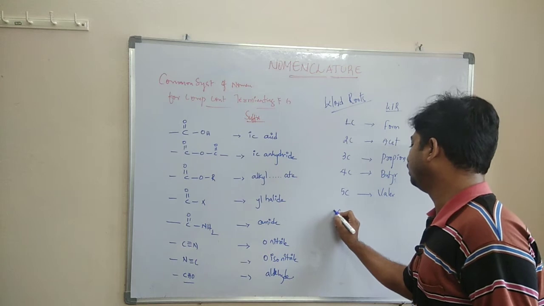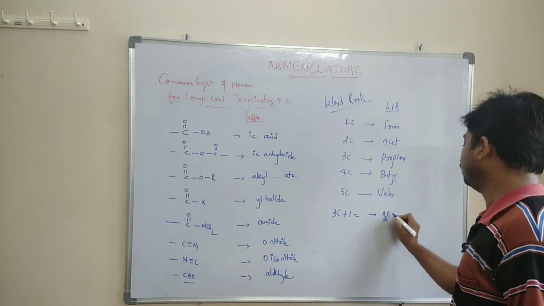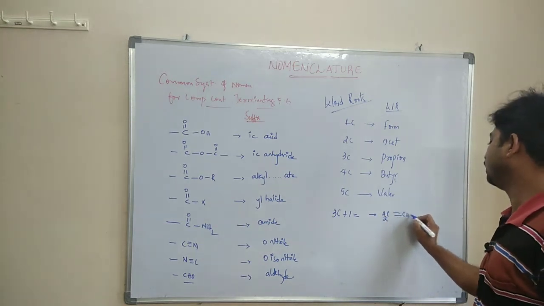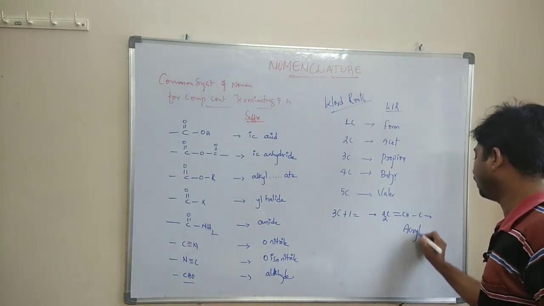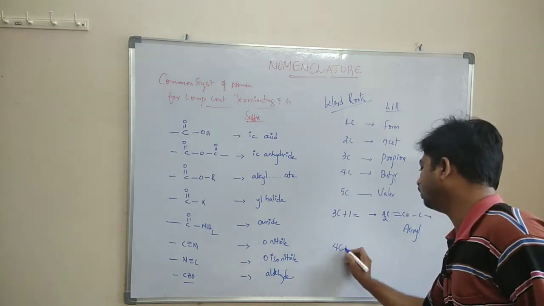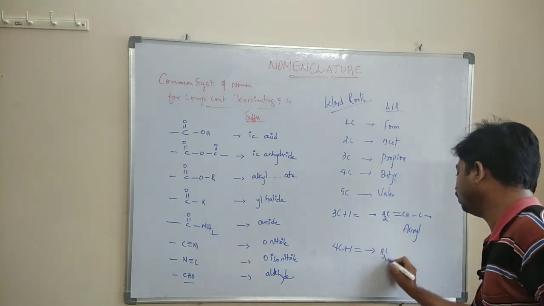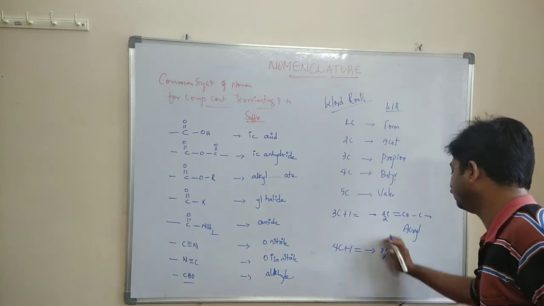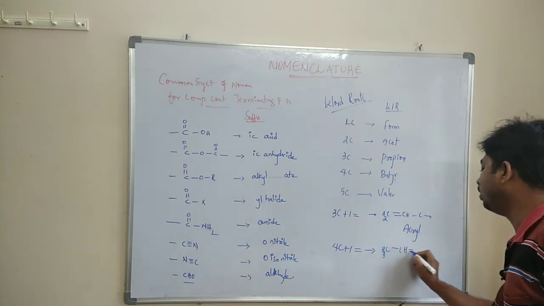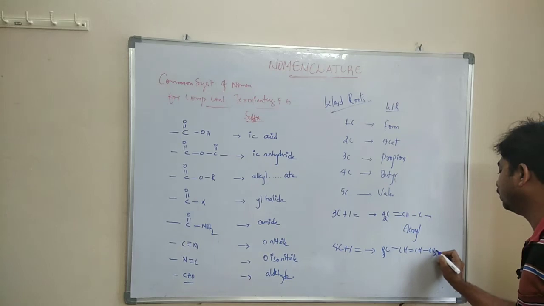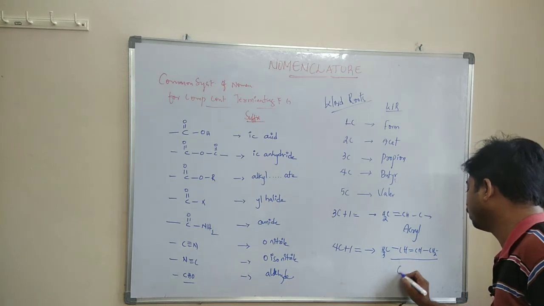If three carbons with one double bond are present, such as CH2=CH-C, we call it acryl. If four carbons with one double bond are there, such as CH3CH=CH, the word root becomes croton.